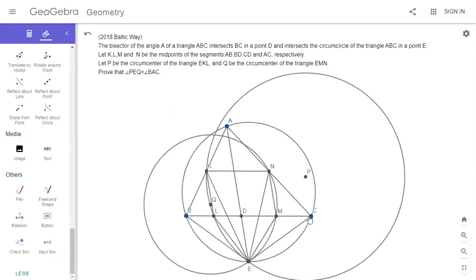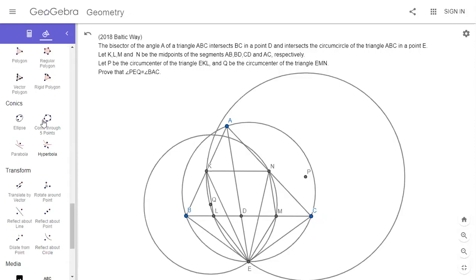That would prove it. Is PEQ plus BEC equal to PEB plus QEC? I think PEC equals QEB.